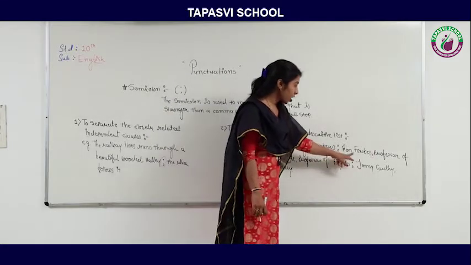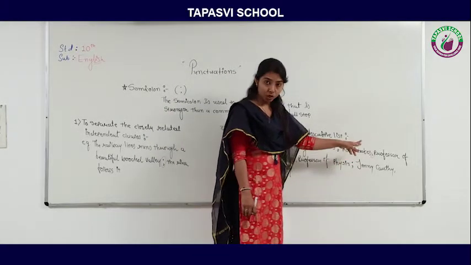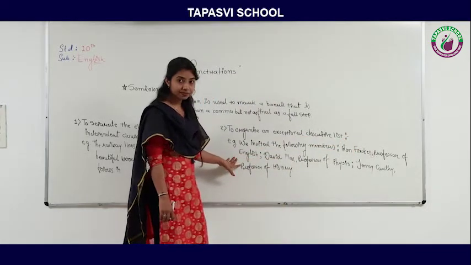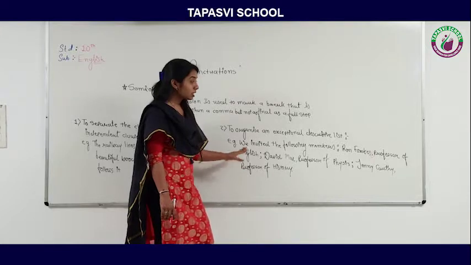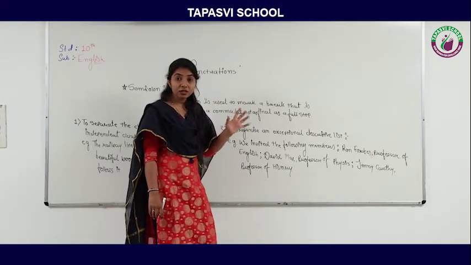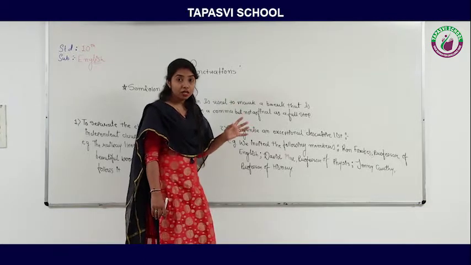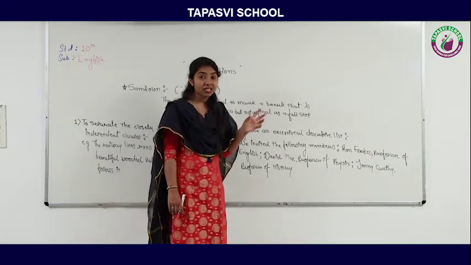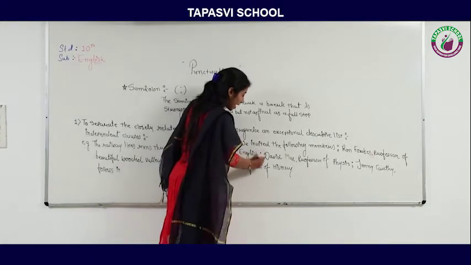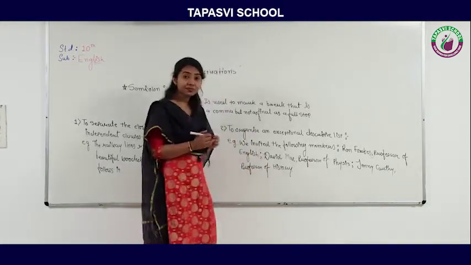So Ron Forbes, comma, because I want to add details: Professor of English. Now this is the information of only one person. The sentence is not getting completed, but I don't want a lesser pause like a comma. So I will use a semicolon.